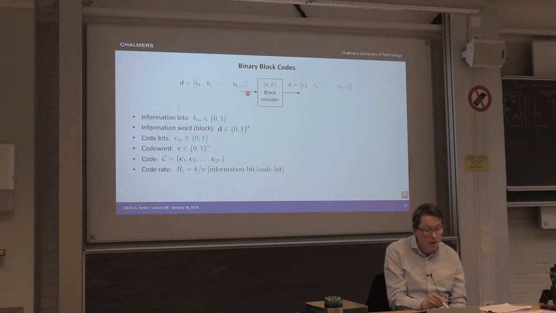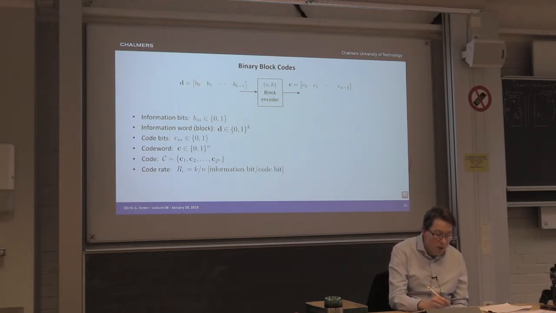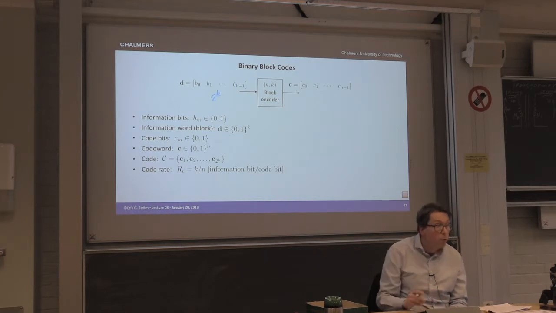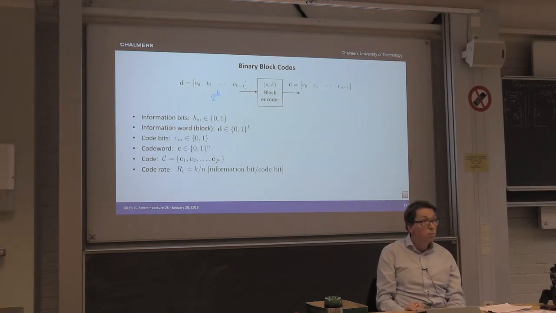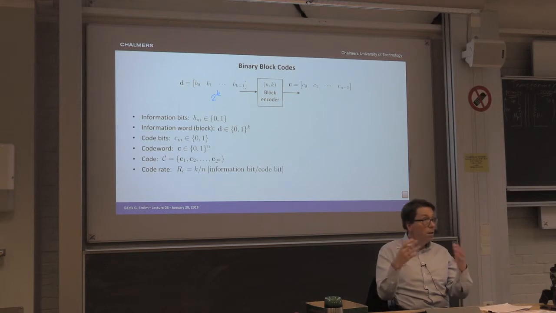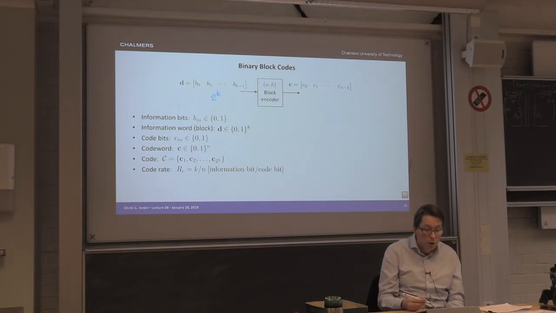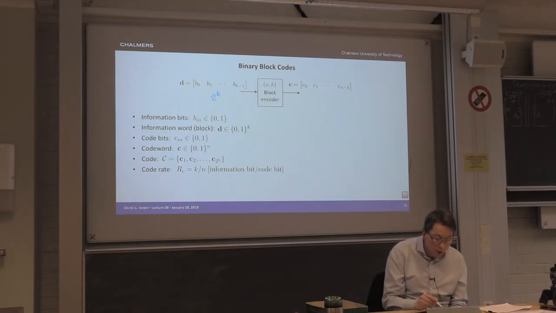Since we have a finite number of possible input patterns, namely 2 to the power of k possible inputs, right? We have k bits. How many patterns of k bits are there? 2 to the k. Also, this block encoder is a deterministic device, so it does the same thing always.